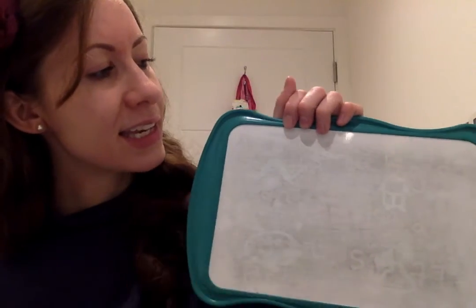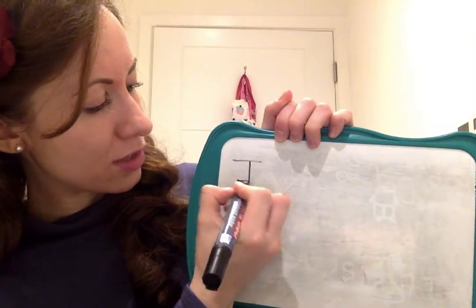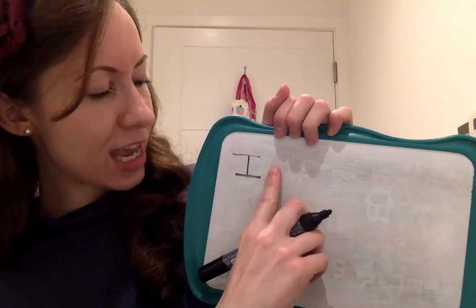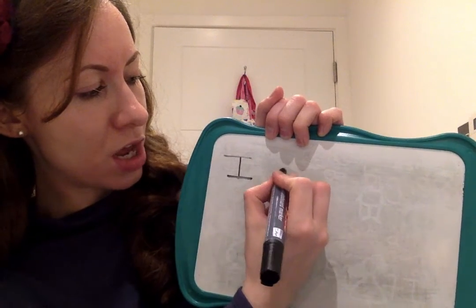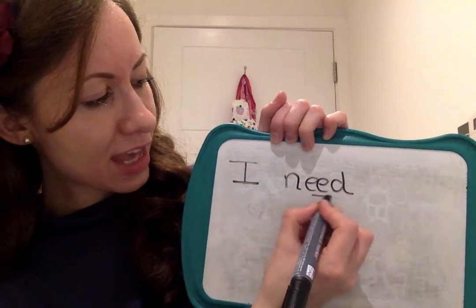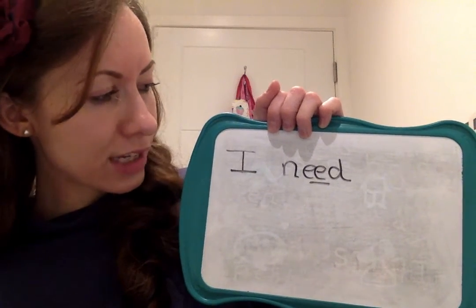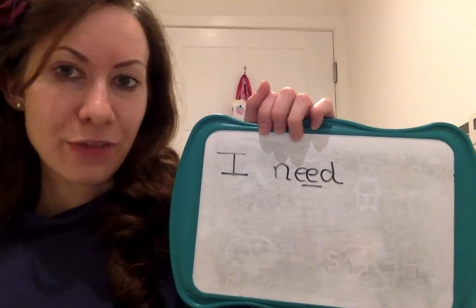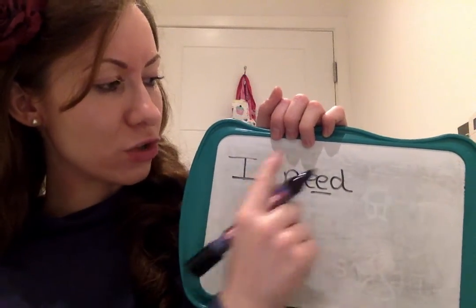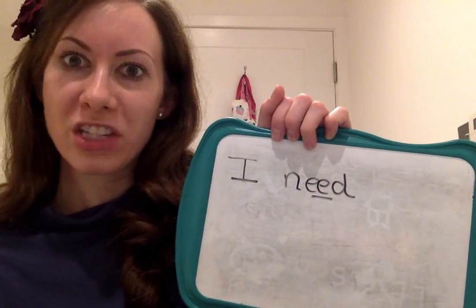So I need a pot. That's a good sentence. So I, tricky word I, always a capital letter. Finger space, very important. N, E, D. Now the E digraph is one we haven't technically learned in our phonics yet, in our phonics lesson, but because the sound comes up so often, I have taught it to you during our writing sessions because we just use it so much, the E sound.